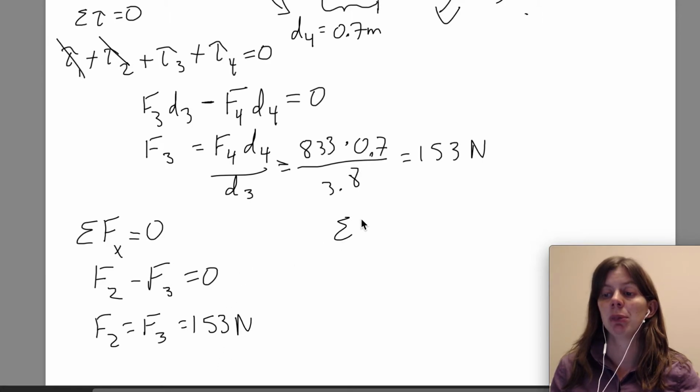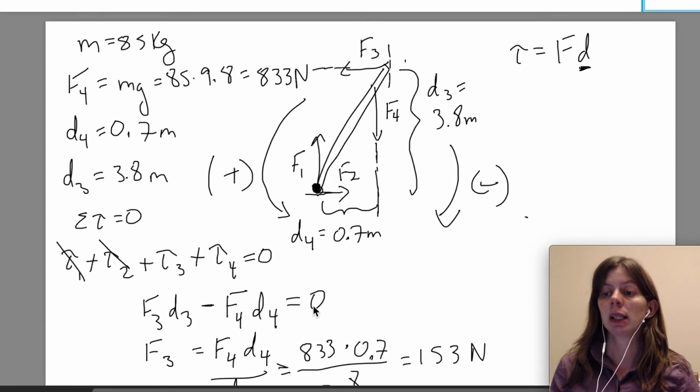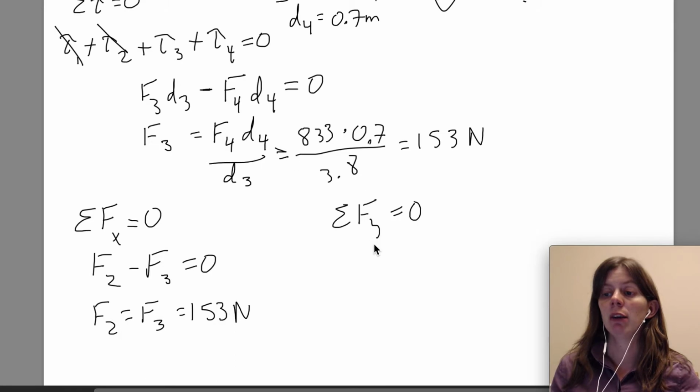The same thing happens when we look at the forces in the y direction and set them equal to 0 because we're in equilibrium. If we go back up here, we can see that in the y direction we have F1 going up and F4 going down. Those are the only forces in the y direction. They must balance. So yes, that does tell us that F1 must be equal to F4.